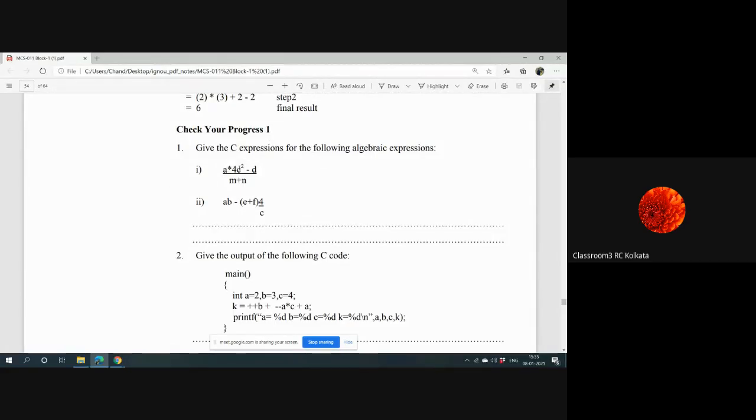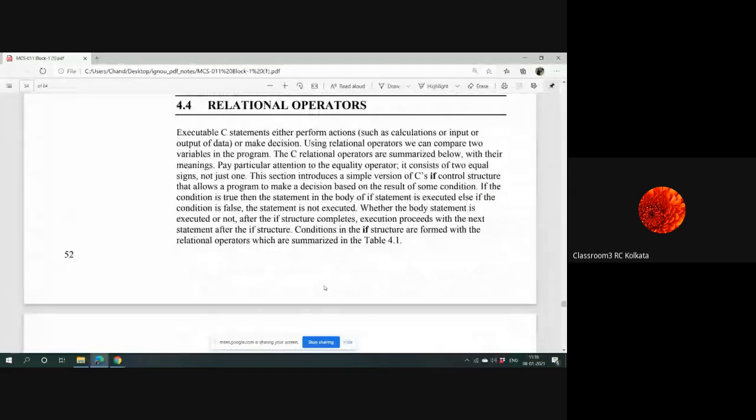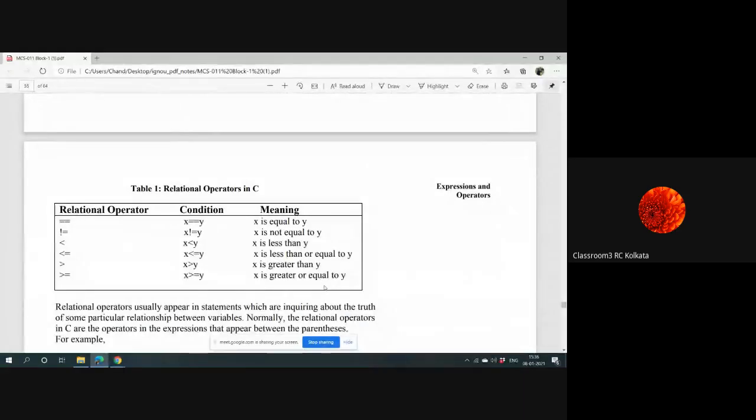So give the C expressions for the following algebraic expression and give the output of the following C code. This sort of question comes in your question papers. Now these are all relational operators which we are going to use in our C programs.